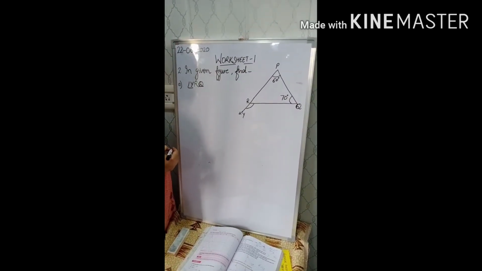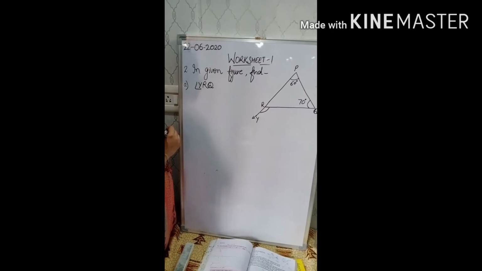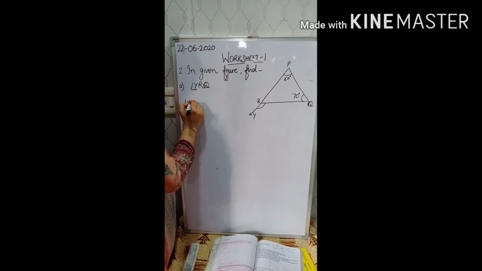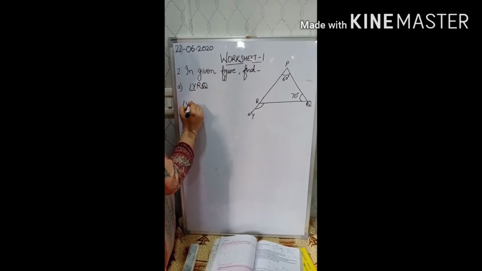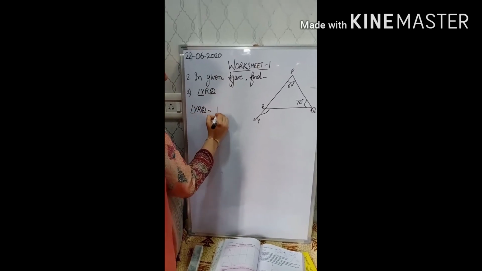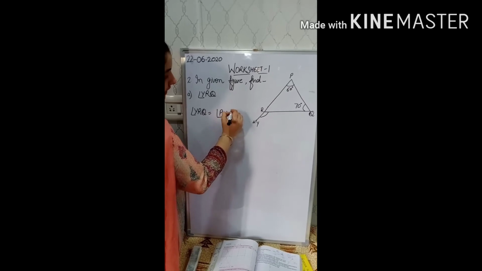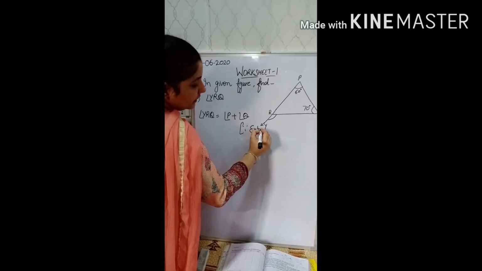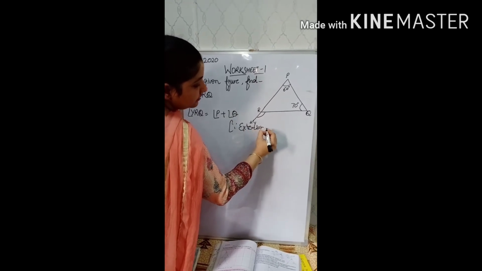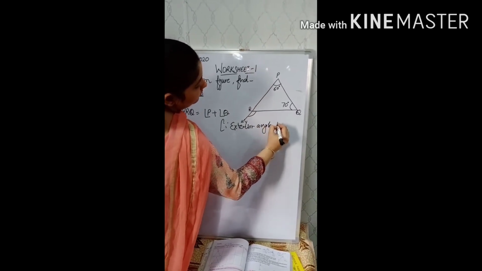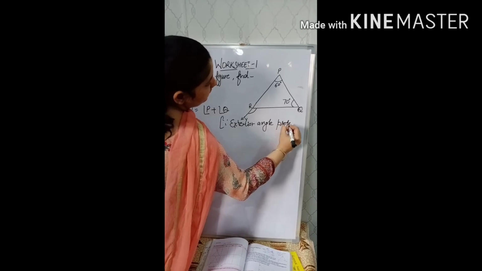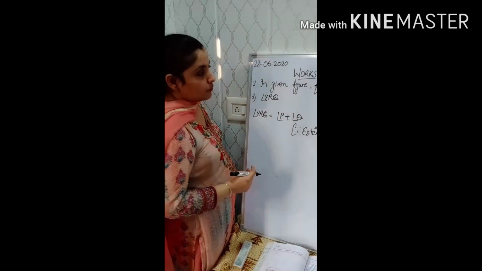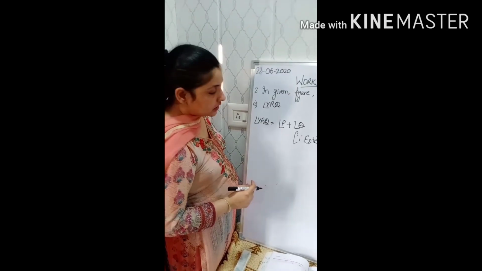Now, we have done the property: exterior angle is equal to the sum of opposite interior angles. So according to the exterior angle property, YRQ is equal to angle P plus angle Q. That exterior angle is equal to the sum of two interior opposite angles.